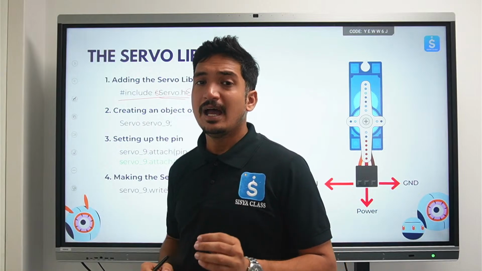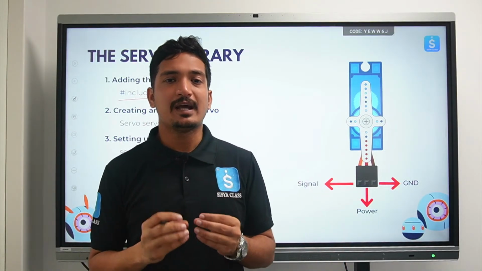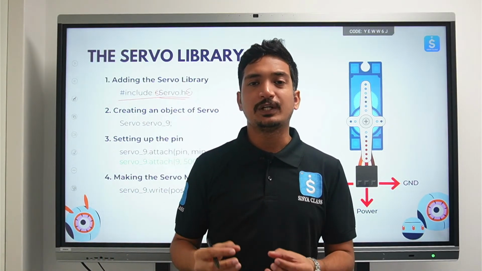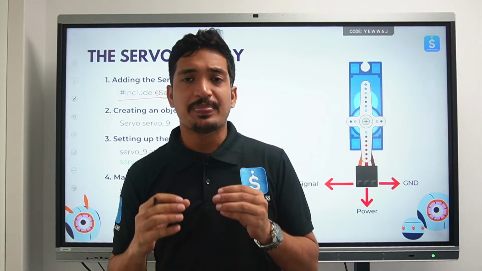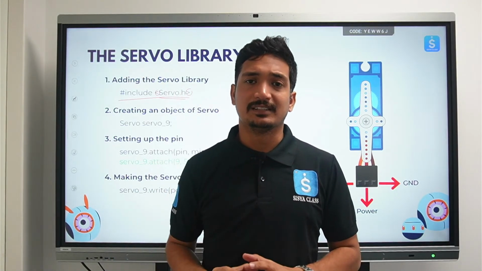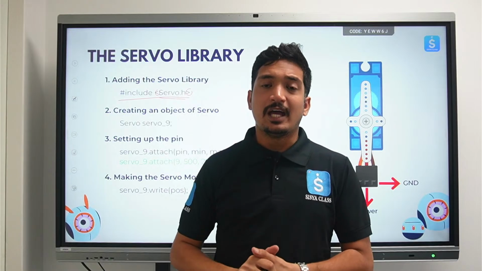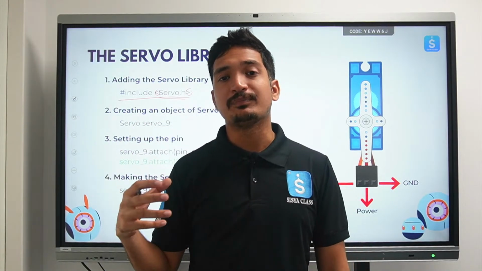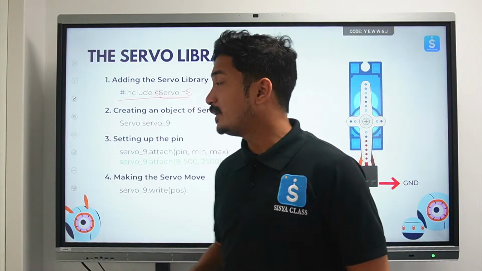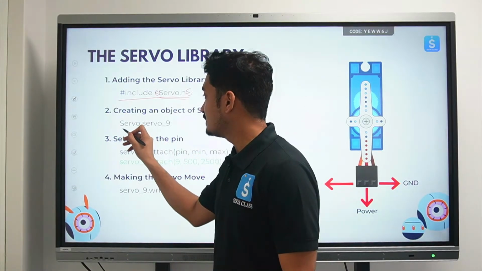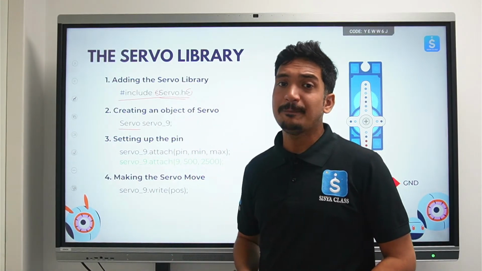Now basically, if you already have some knowledge about object oriented programming languages, in that case everything that you code is enclosed inside a class, and whenever we want to access anything from the class, we will be creating an object of it. So here the name of the class that we are going to use is servo.